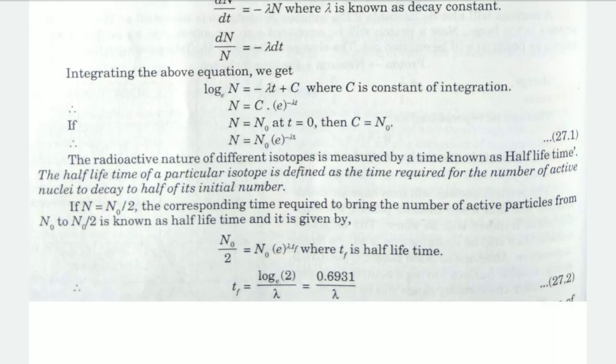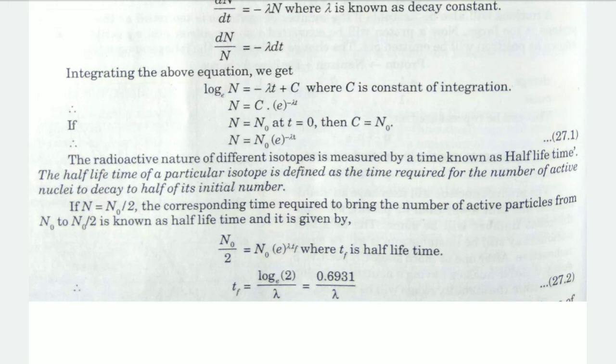The radioactive nature of different isotopes is measured by a time known as the half life. The half life of a particular isotope is defined as the time required for the number of active nuclei to decay to half of its initial number.